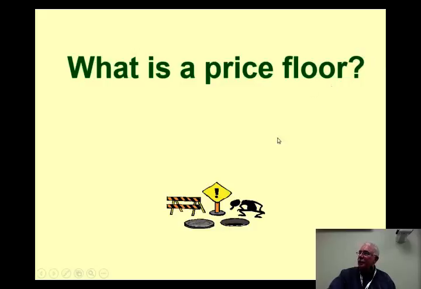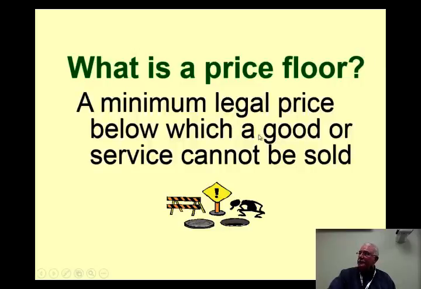Okay, what is a price floor? A minimum legal price below which a good or service cannot be sold. What would be a good example of a price floor? The minimum wage law, right? We're passing a law that says that wages cannot fall below a certain amount.